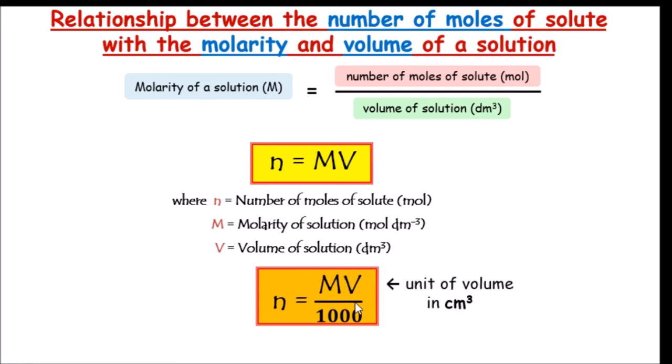The unit of the volume in this formula is cm cube, because V over 1000, dm cube over 1000, will become cm cube. So, if you use this formula, remember that the volume is in the unit of cm cube, n equals MV over 1000. But if you use the formula n equals MV, remember that the V is in the unit of dm cube.